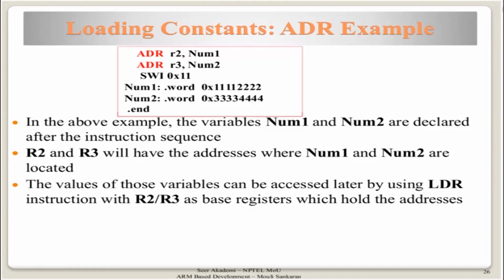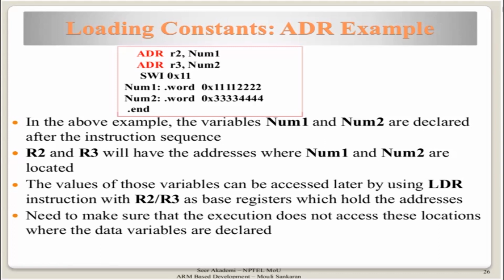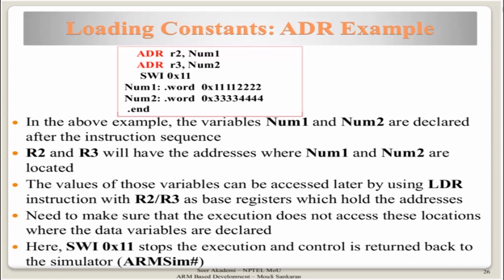So to get the address of a variable, the assembler might change the pseudo instruction to an address load with a PC-relative instruction.